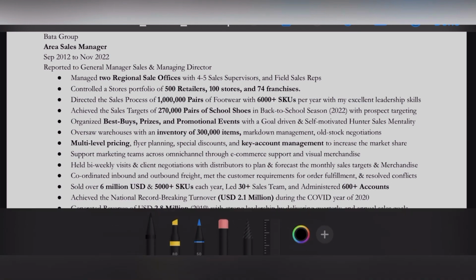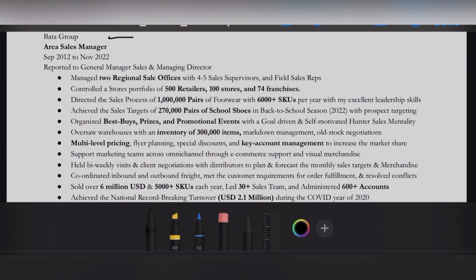So I did not write Pakistan, okay, because I didn't want to confuse the recruiter who would be reading my resume. So I just wrote Bata Group, my position, the duration, September 2012 to November 2022. You don't need to write dates, month and year is fine.